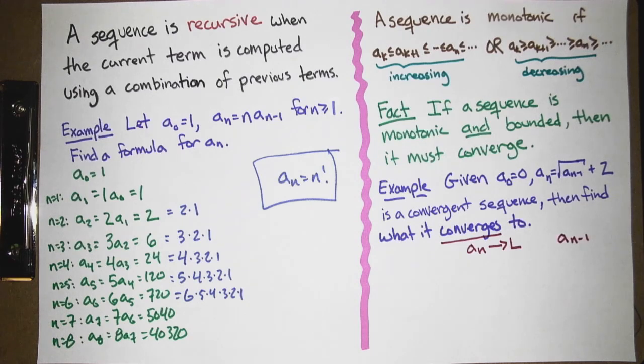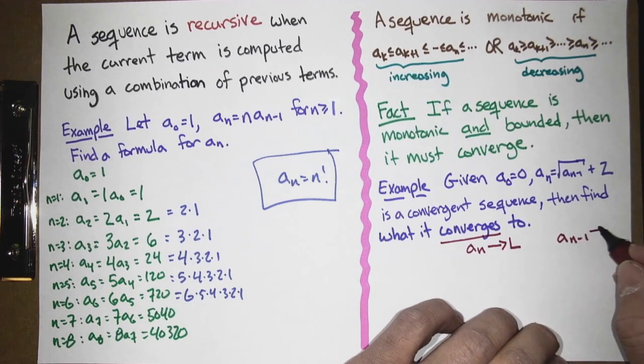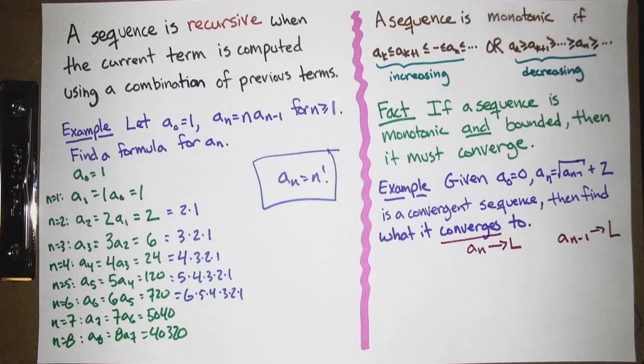Is it a trick question? Is it not a trick question? Is it still not a trick question? It's become a trick question. a sub n minus 1 goes to L.